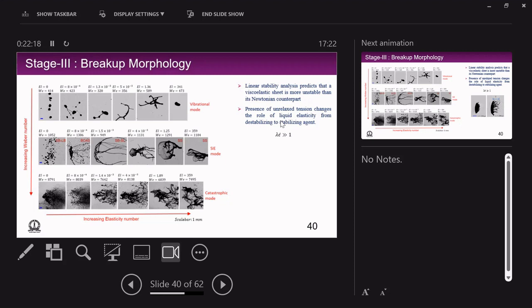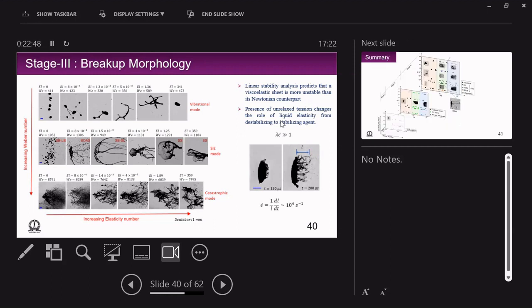As you go on increasing the elasticity number, you have more stabilization of these ligaments and the sheets that you form. So cage has done its bit, RT has done its bit, the flow has done its bit. It is the elasticity which tries to pull back and ultimately regulate the final morphology or the topology of the final outcome. Okay. So once you know this, then you know exactly what kind of mode of breakup you can expect to come out of it.